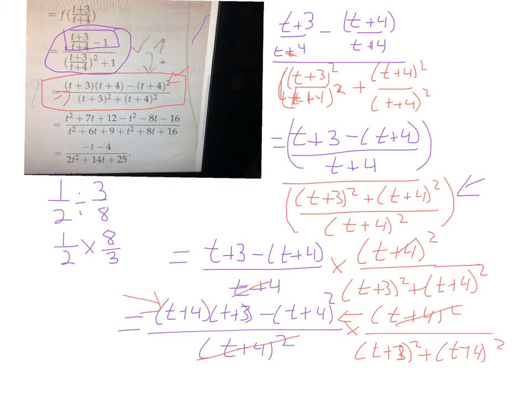There's that part. And then on the bottom, we've got t plus 3 squared plus t plus 4 squared. And that's what the denominator says, okay? So that's how they get from step purple to step red on their solution.